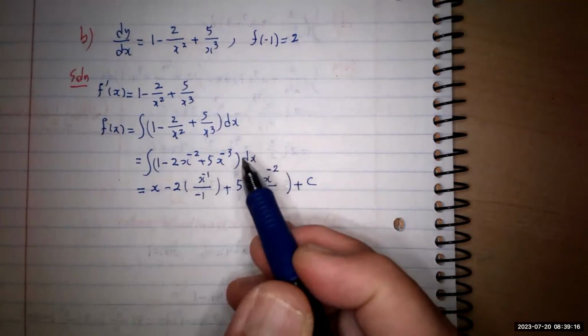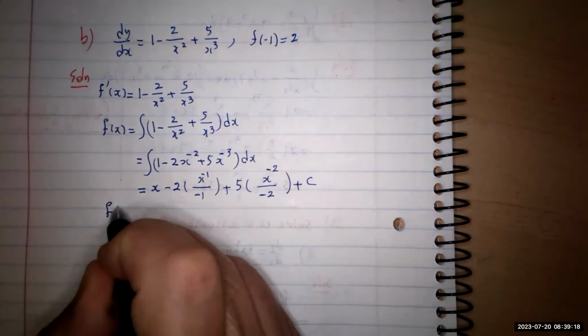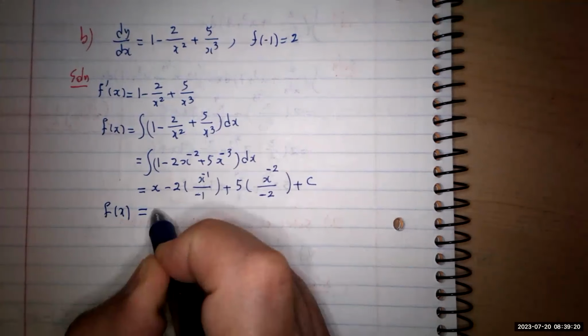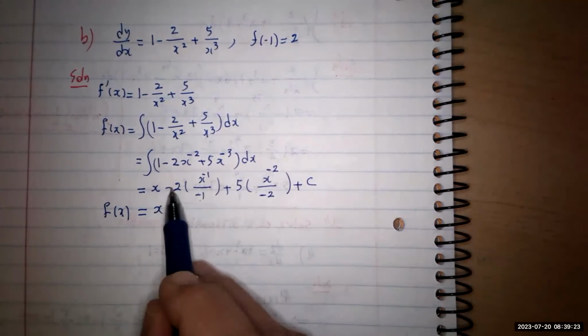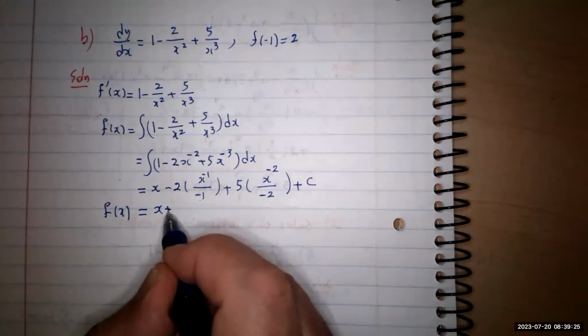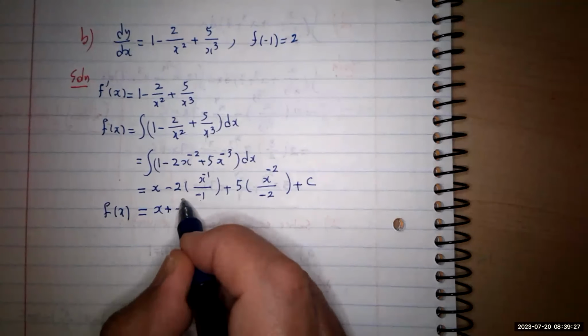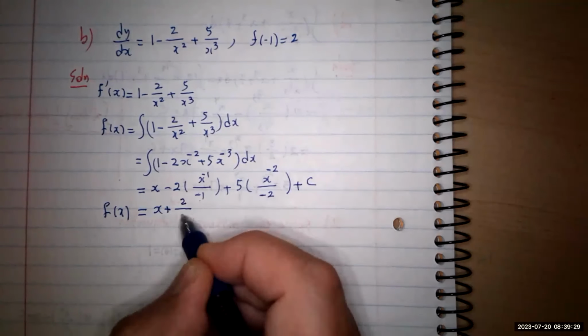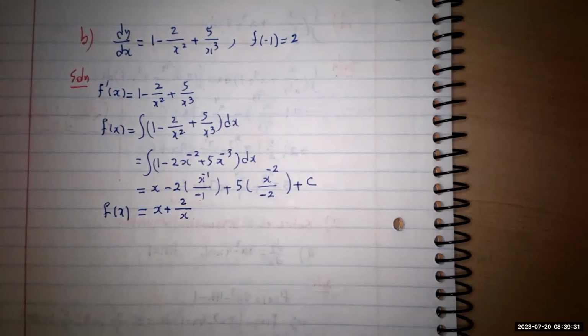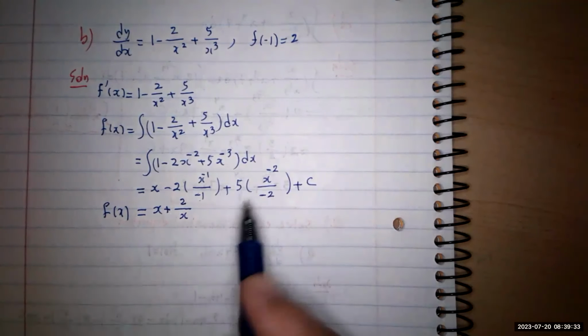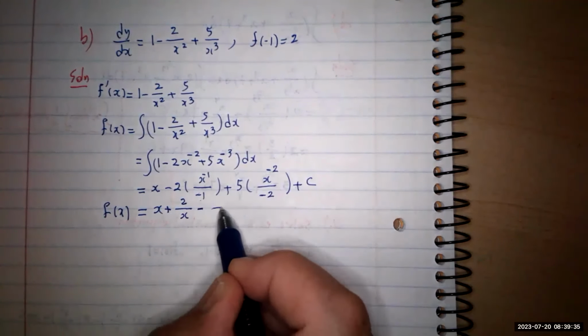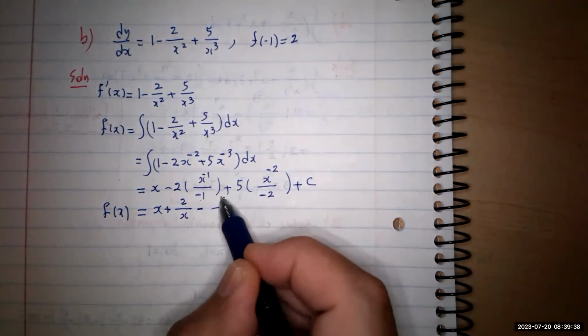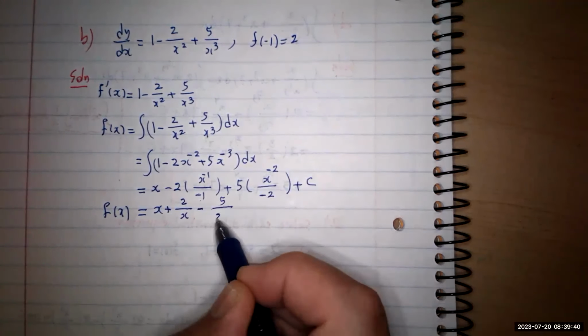So this is it. f of x is going to be x, negative would be positive, the sign is positive, fraction, you put the 2 on the top, x to the -1 down, so that gives you 2 over x. Then positive, negative, fraction, 5 on the top, 2 down the bottom, x squared, 5 over 2x squared.